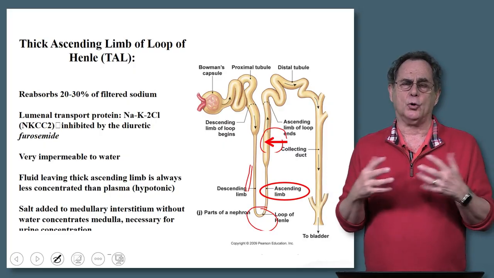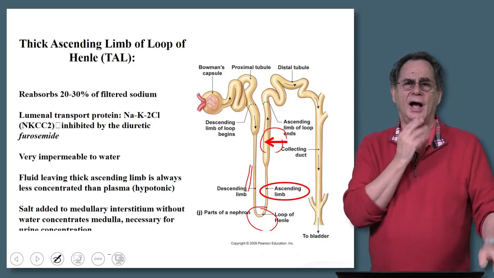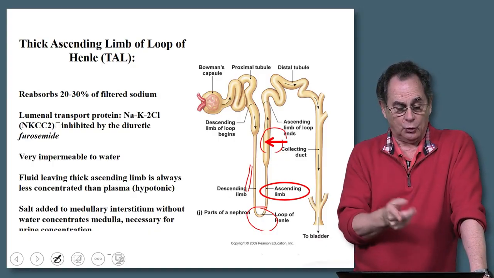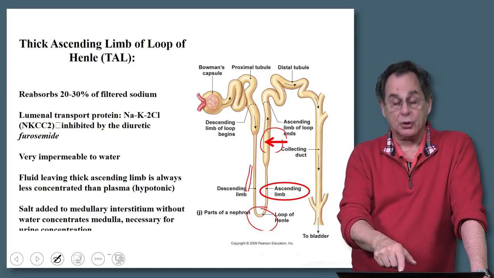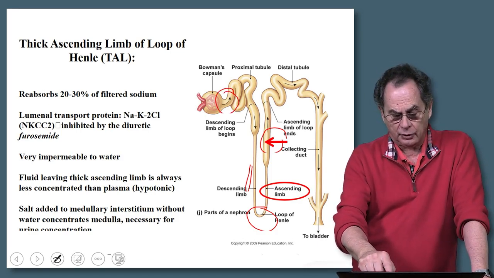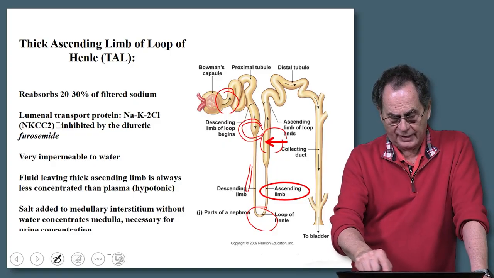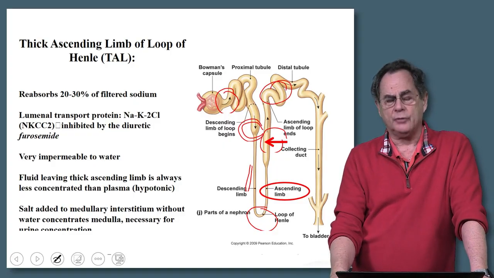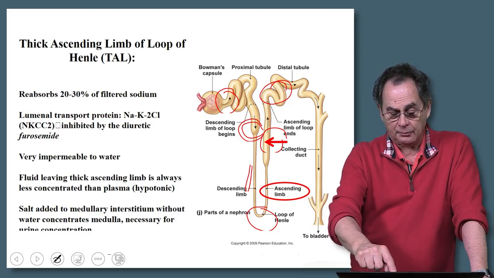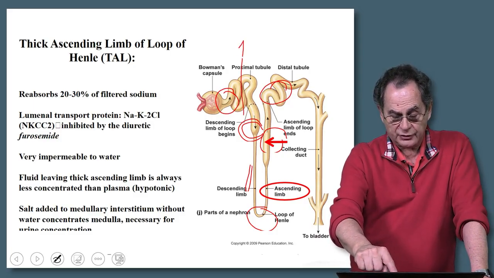But sodium transporters appear again and move sodium out of the lumen in the thick ascending limb. Fluid leaving the thick ascending limb is always hypotonic. So here we said the osmolality was normal, or 280, and here it can be 70 to 100, because in the leaky proximal tubule epithelium there is reabsorption of salt and water in tandem.